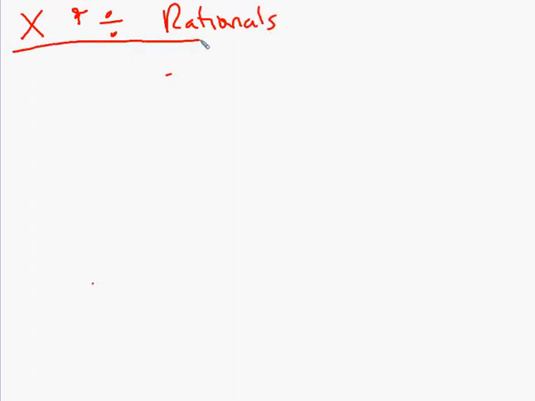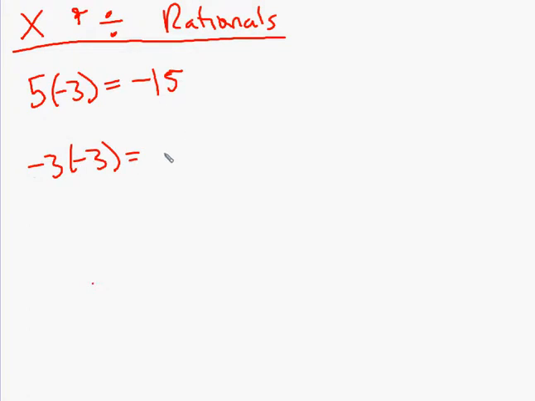Okay, so today we are multiplying and dividing rationals. Multiplying and dividing rationals. Alright, so you probably already have memorized, like, if I multiply by a negative, I get a negative, right? And if I multiply two negatives, I get a positive, okay?